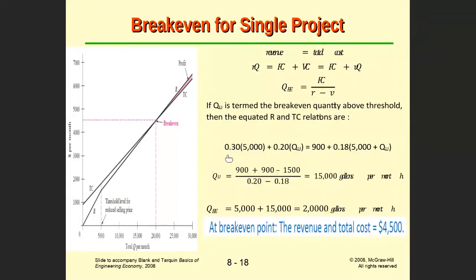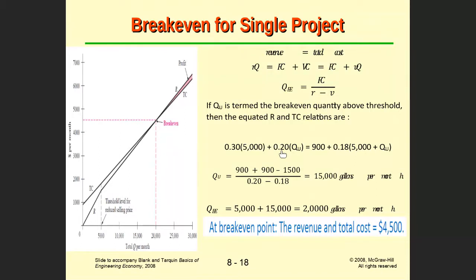But then the revenue will be 20 cents, not 30 cents, if we are exceeding the 5,000. So we agreed that the quantity above the 5,000 we will refer to as QU. The QU represents the quantity over the 5,000, multiplied by the 20 cents.